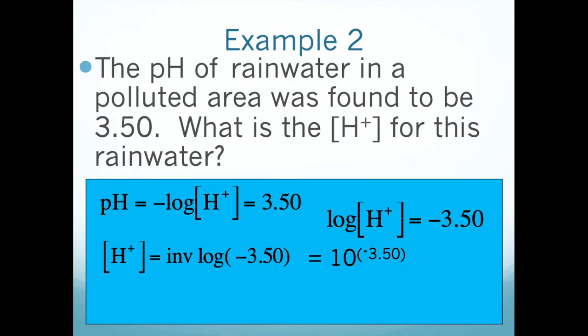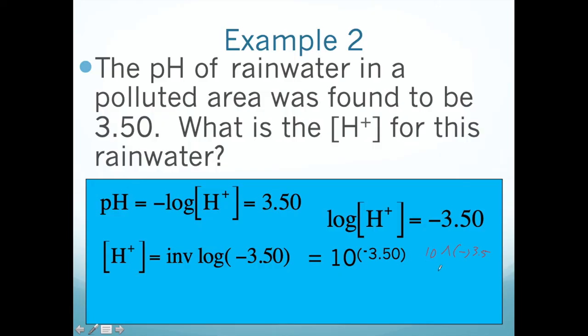To do this, you would type in the number 10. To put an exponent, depending on your calculator, you might use the caret button, the one that looks like this. So you would type in 10 caret, then use a plus minus button, and 3.5, and then hit enter or equals, and that'll give you the answer. Some calculators don't have a caret button.